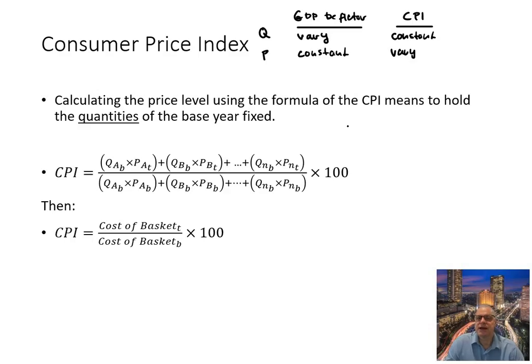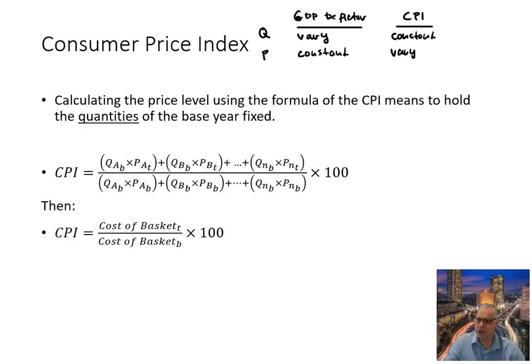So let's say if today is the base year and you bought every day 3 bagels, a coffee and a donut, and then we assume you always have this amount of goods and services that you consume over the years, no matter what the price is.